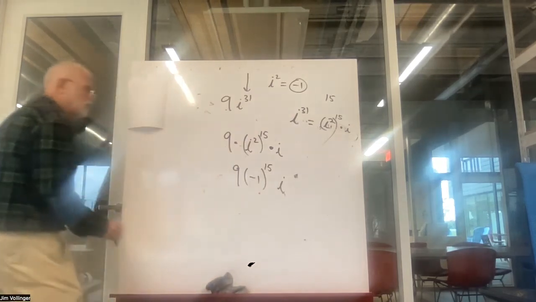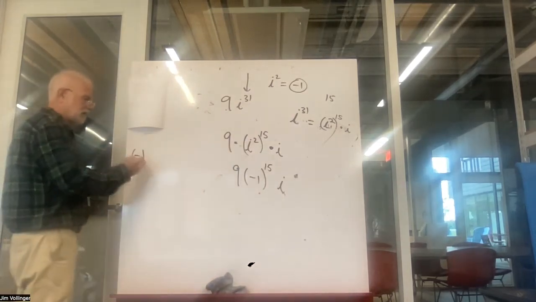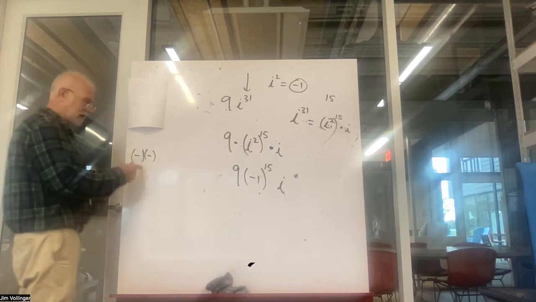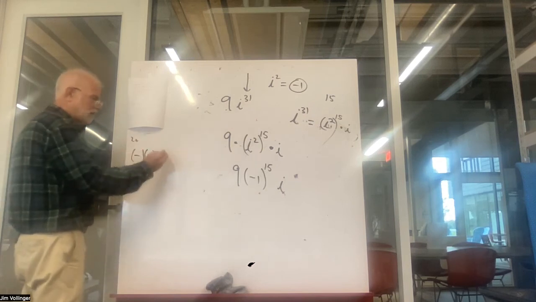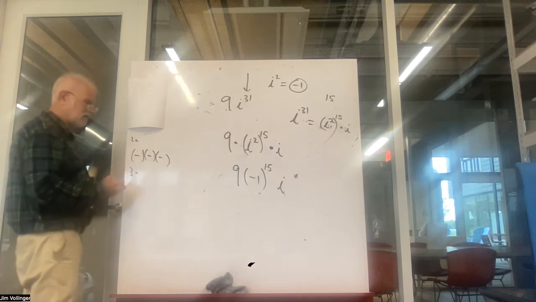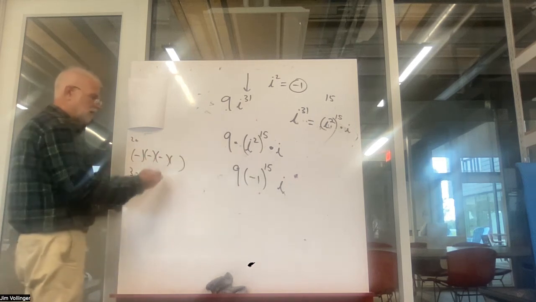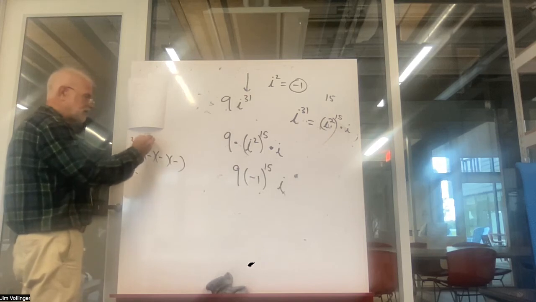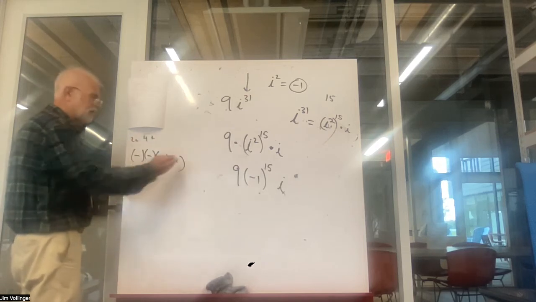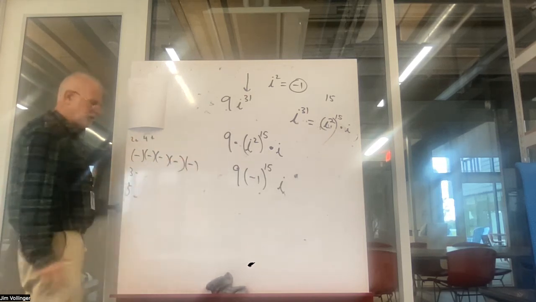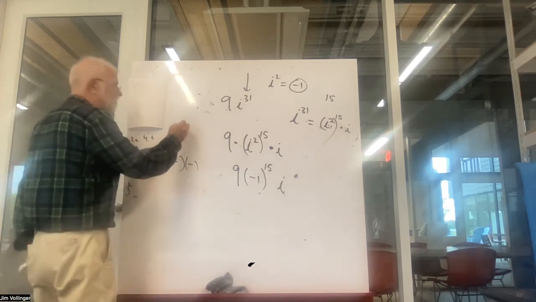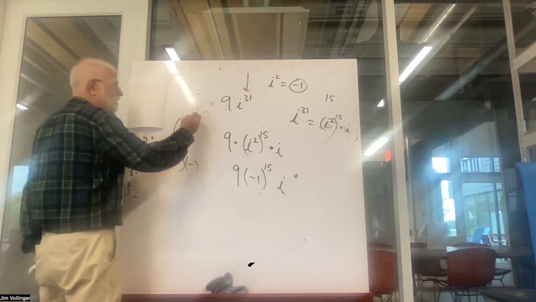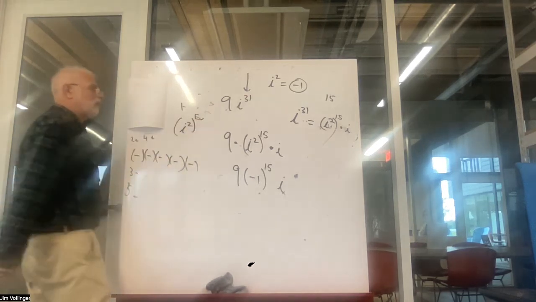So let's do -1 15 times. A negative times a negative is a positive. So 2 times got me a positive. Another negative, 3 times gets me a negative. Another negative, 4 times gets me a positive. 5 times gets me a negative. Sure looks like a pattern here. If I do i squared to an even number, I get a +1.